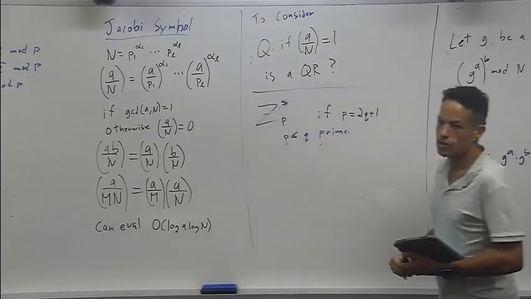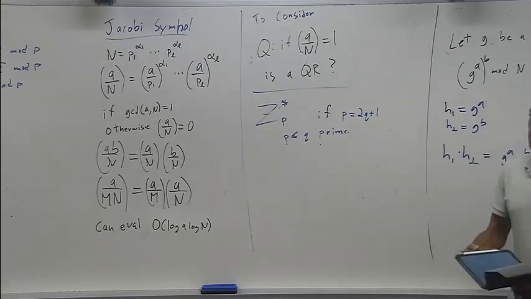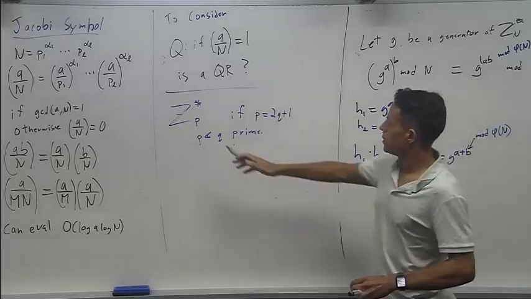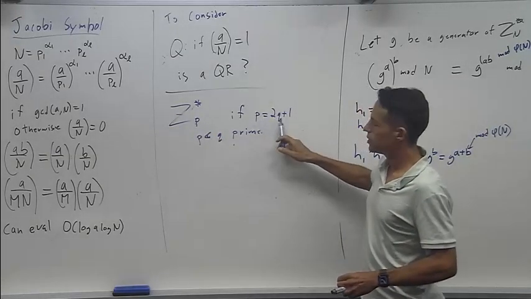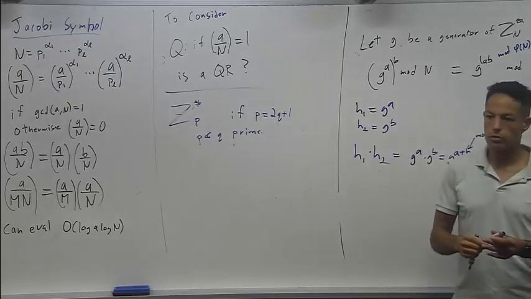What are the implications to cryptography if I give you some Zp group such that this prime p is 2q plus 1 for some other prime q?